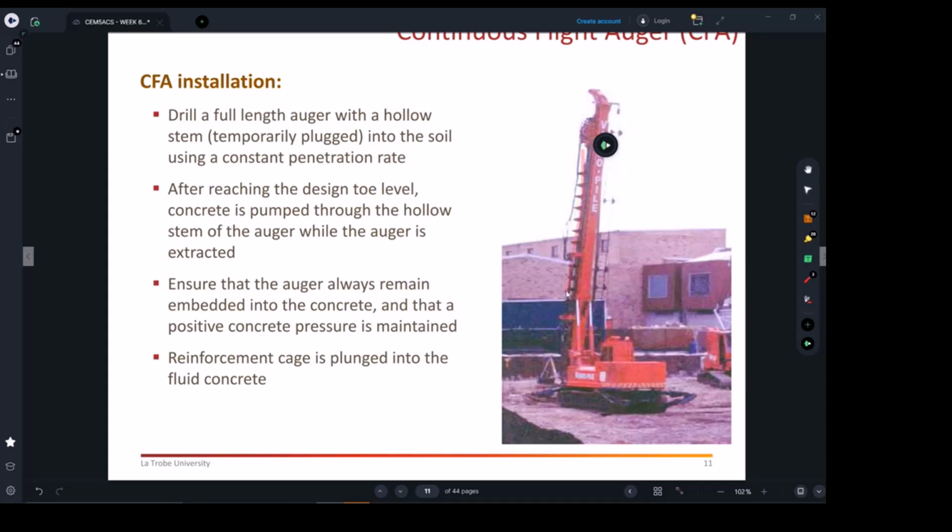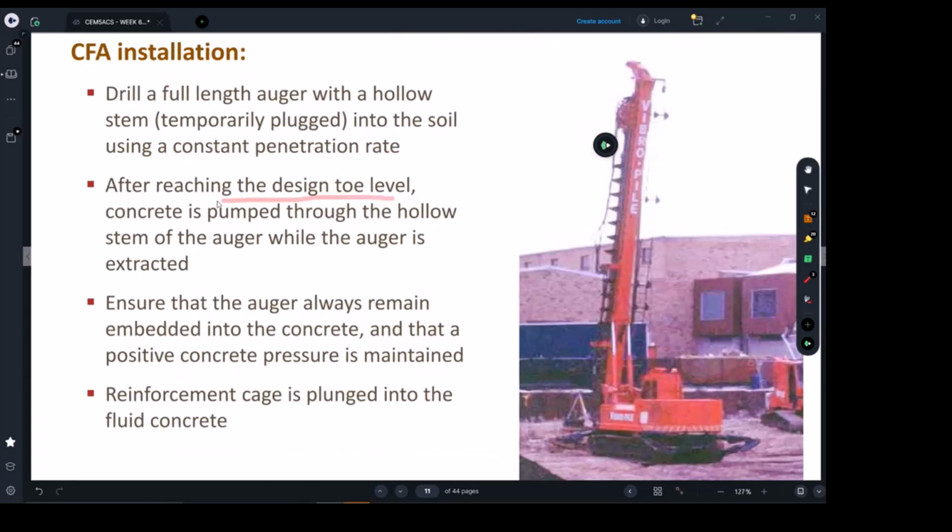As your auger goes to the depth you are interested in, you will then start pumping the concrete while you're lifting the auger up. After reaching the design toe level, that's the very bottom of the pile, the concrete is pumped through the hollow stem of the auger while the auger is extracted.